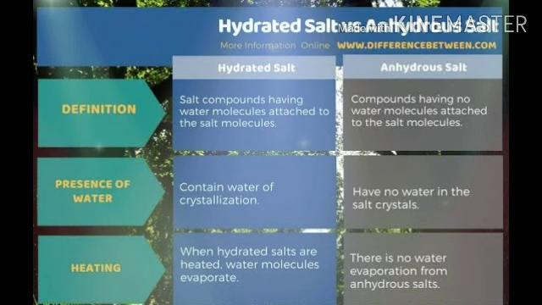So, the hydrated salts have color because of the presence of water molecules. When you heat them, the water molecules will get evaporated and the color change will happen. But again, if you add the water, the original color will be regained. Sometimes they are also called dry and wet salts.